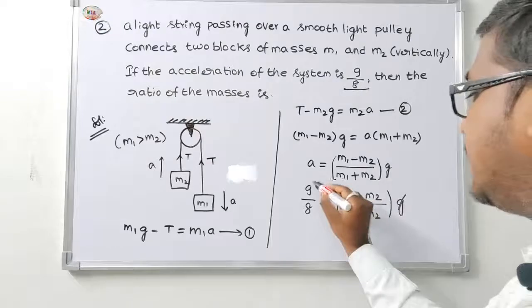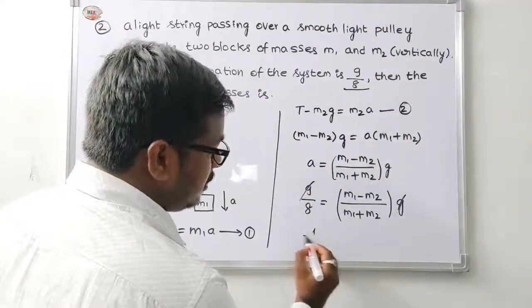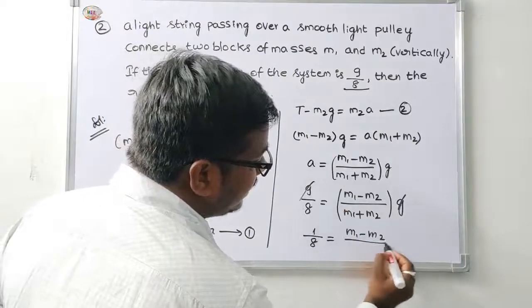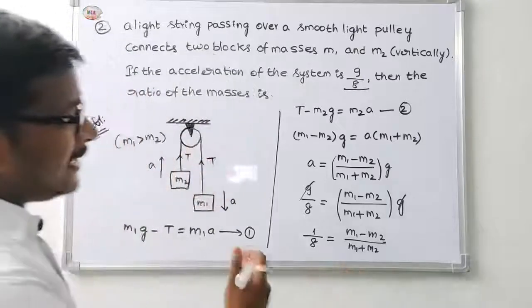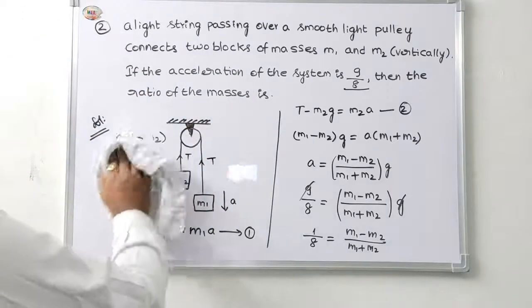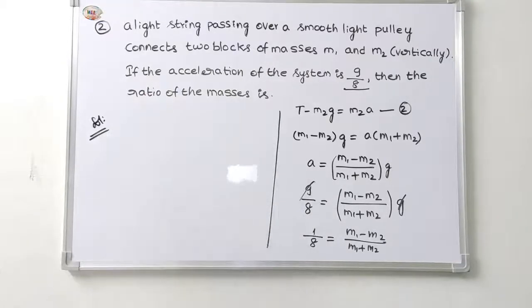The g cancels, remaining 1 by 8 is equal to (m1 minus m2) by (m1 plus m2). Then, continuing in this problem, 1 by 8 is equal to (m1 minus m2) by (m1 plus m2).